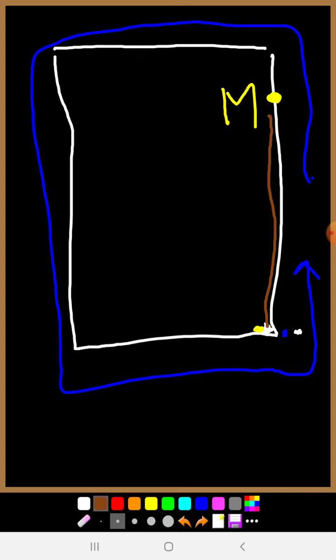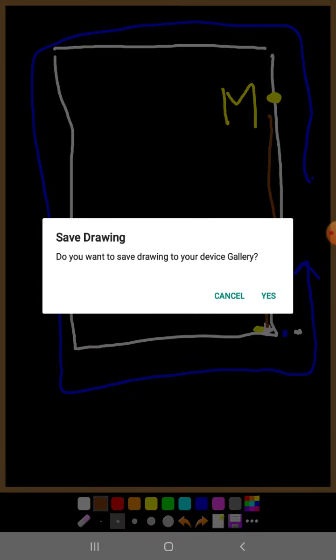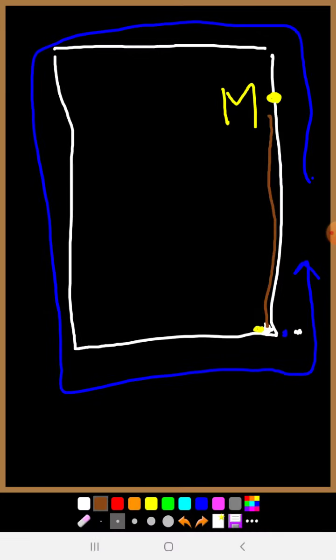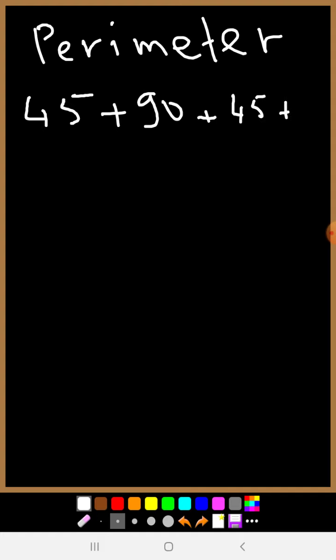Okay, here again we write the relationship. We will say the following. The total length of the field, the perimeter, that we learned, the perimeter is 45 plus 90 plus 45 plus 90.